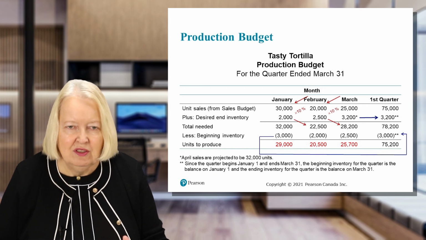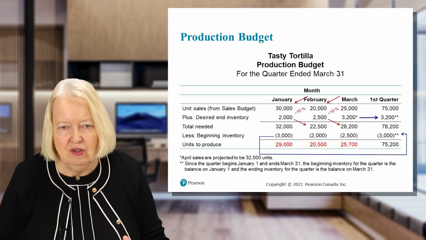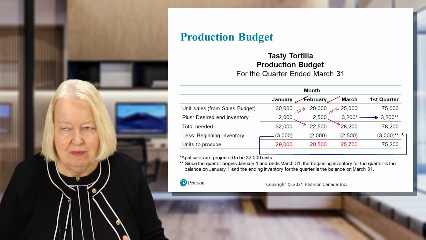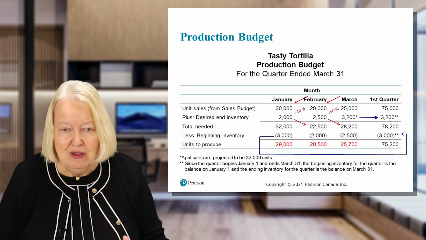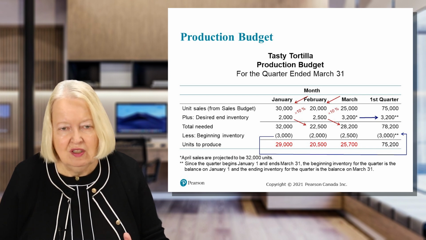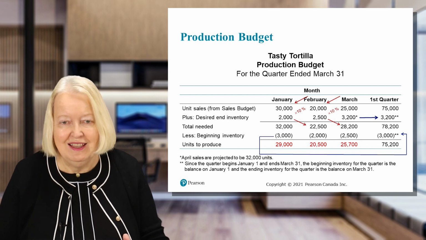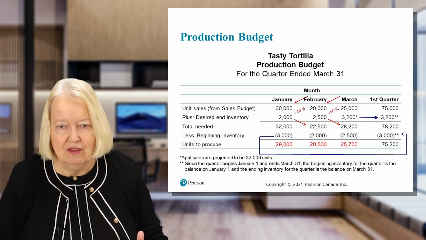The next thing you want to do is figure out, well, if I'm going to sell 30,000 units, how many do I need to make? So you would normally think, oh, I need to make 30,000, but not necessarily, because the first thing you want to think about is how much do I want to have left at the end of the month? You don't want to be at zero.